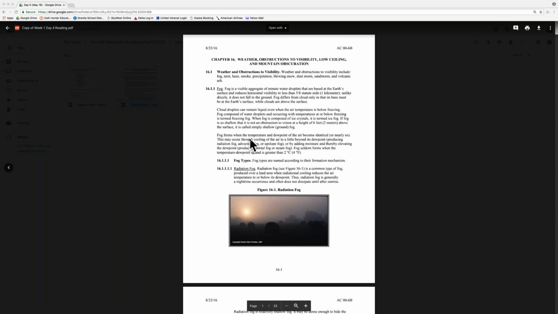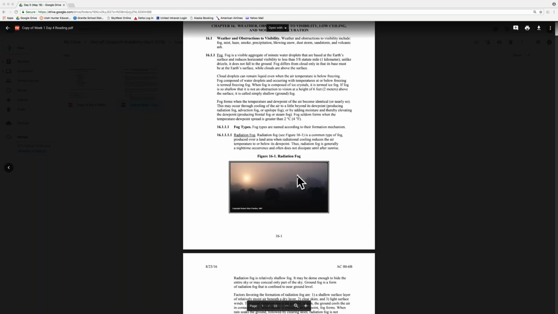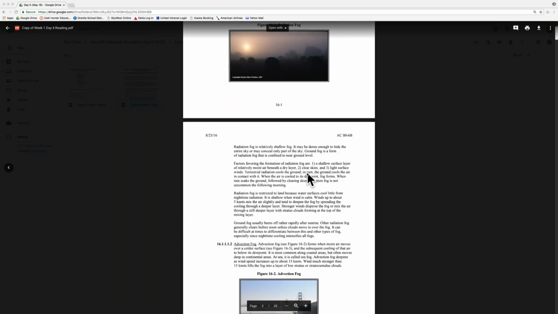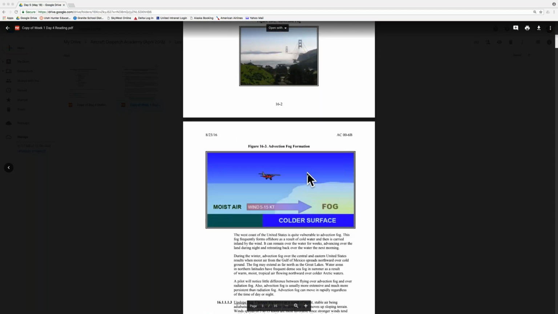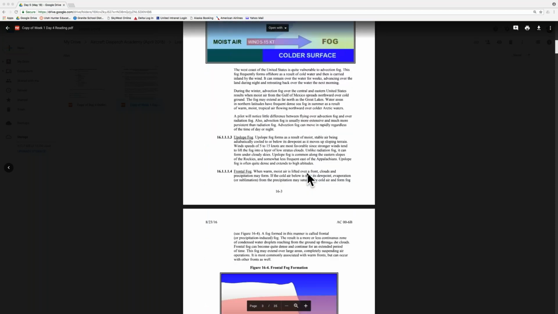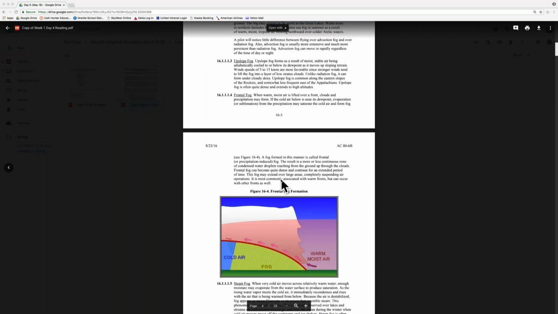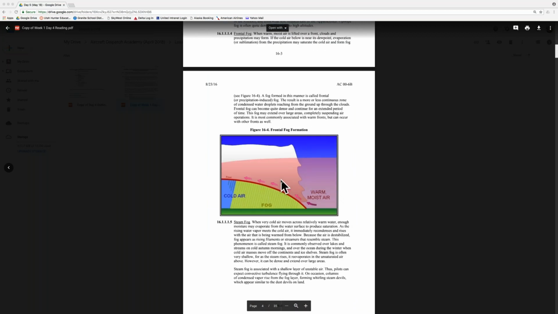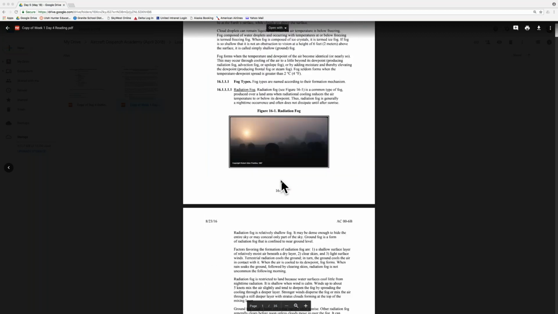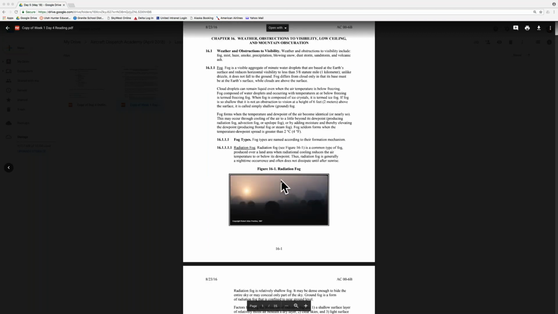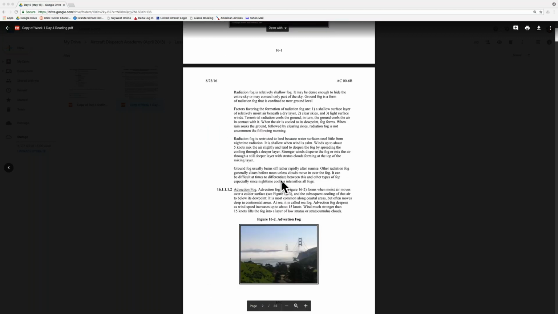So, types of fog. So, talked about radiation fog, advection fog, upslope. So, any questions on the different types of fog that we tend to see?